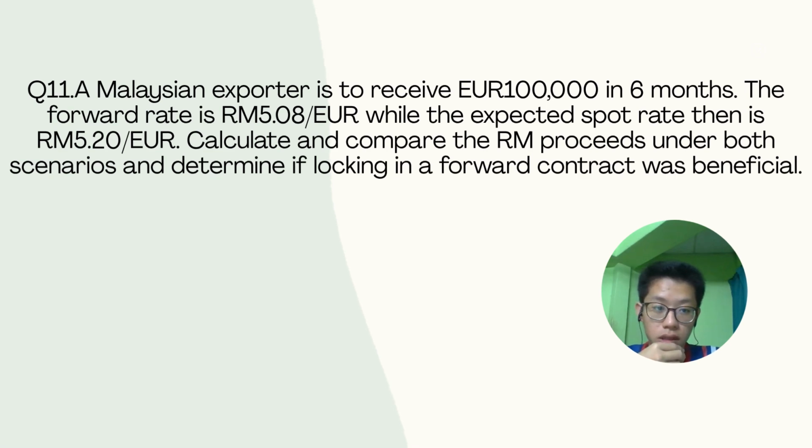Based on the calculation, locking in the forward contract was not beneficial because the Malaysian exporter will receive 12,000 ringgit less than by not hedging, because the euro appreciated more than expected. The forward rate was 5.08 but the spot rate rose to 5.2 per euro.